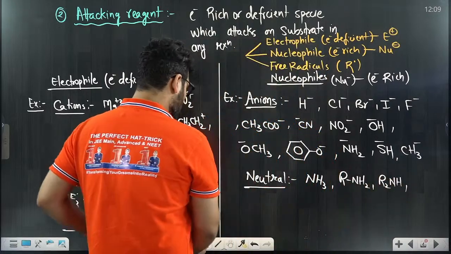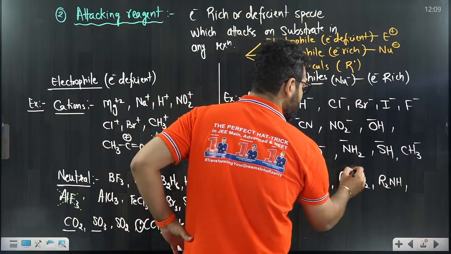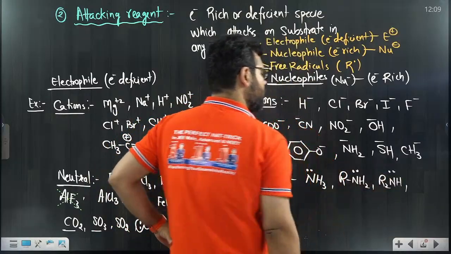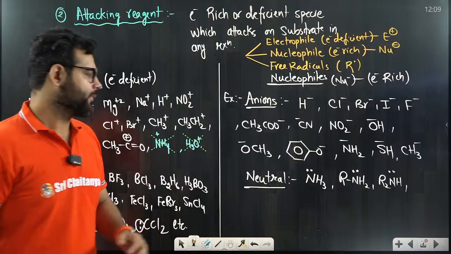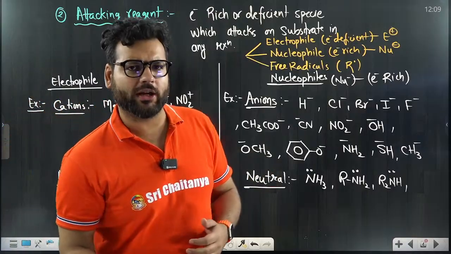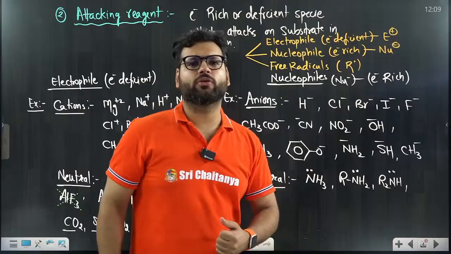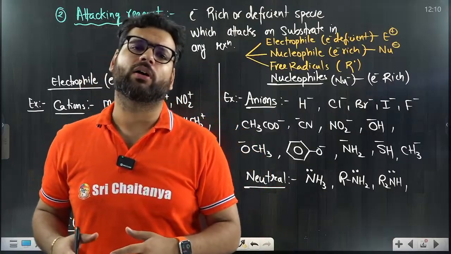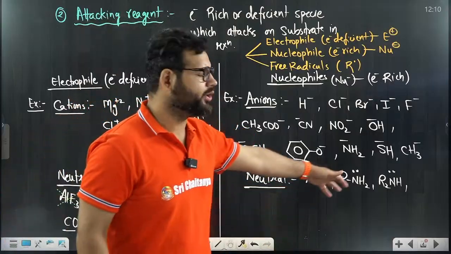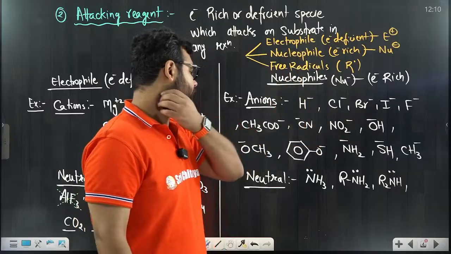In all these cases, nitrogen contains a lone pair. Again, in the haloalkane chapter, ammonia can react, ammonolysis reaction. RNH2 can react. You will see this in the amines chapter when you do reaction of alkyl halides with RNH2. These are nucleophiles only.